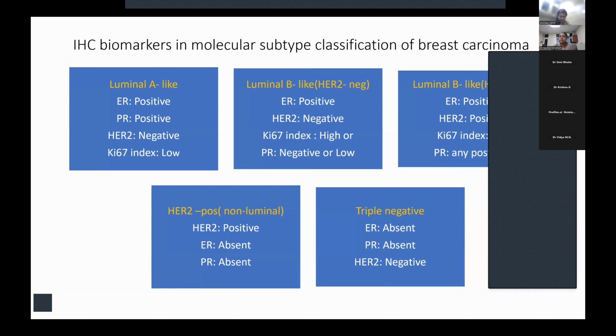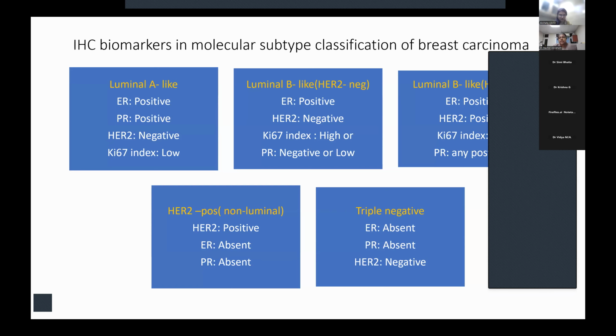For the luminal tumors, you can have luminal A type, which are positive for the hormone receptors and negative for HER2, and luminal B type, which are always hormone positive, but they can either be negative or positive for HER2 with a Ki67 index which is usually high. Then you have the non-luminal HER2 enriched tumors in which HER2 is positive, but the receptor markers are negative. And of course, the triple negative tumors or the TNBCs, which are negative for all the three receptors.